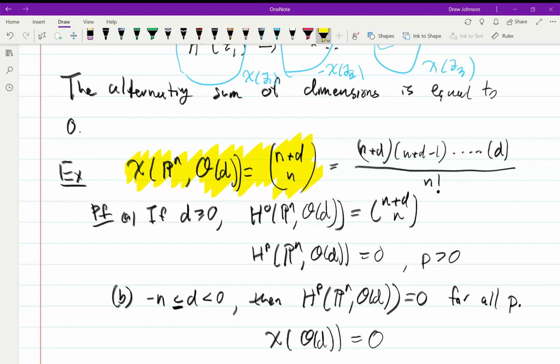But if you just want the Euler characteristic, you get one nice formula. So really, if you want to think about the cohomology of projective space, you just need to remember this one formula, and then remember that if d is positive, then you might have some h0. If d is negative, you might have some hn, and then the Euler characteristic is given by this, and that determines it.